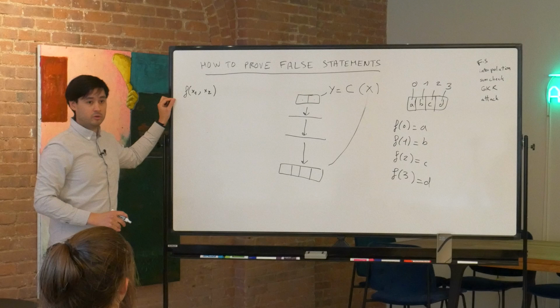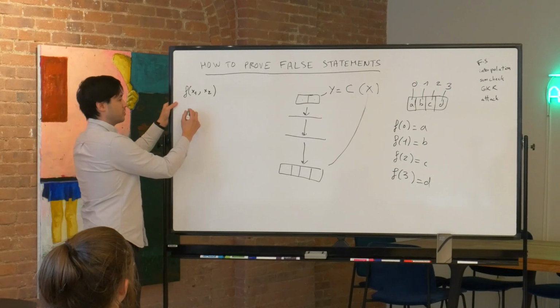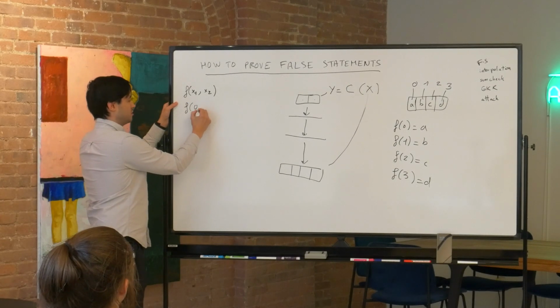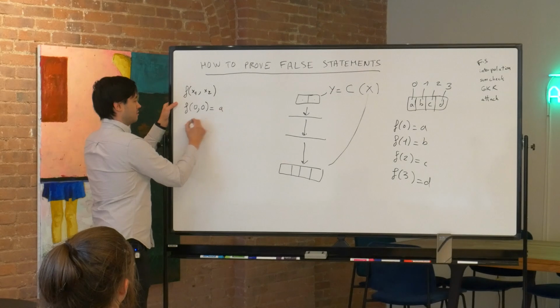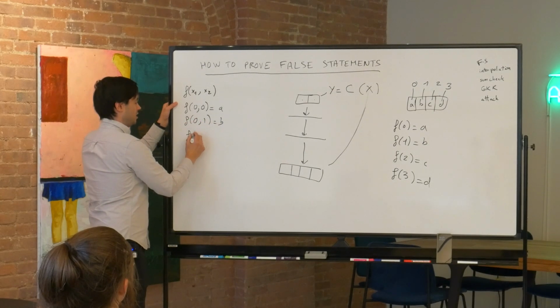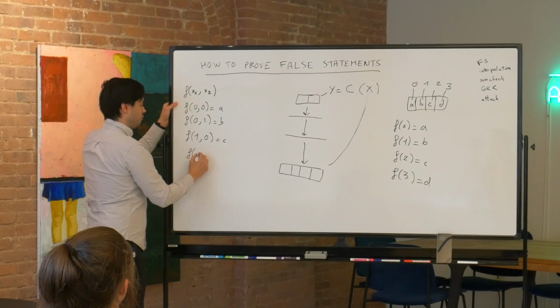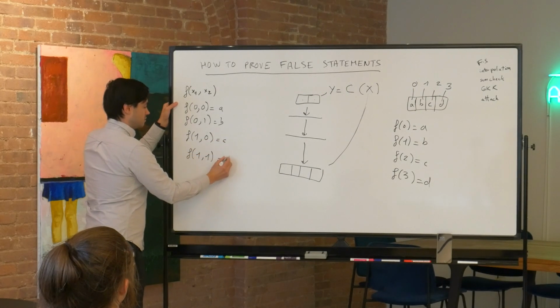So this is a multivariate polynomial, right? And we're going to say that f of 0,0 is A, f of 0,1 is B, f of 1,0 is C, and f of 1,1 is D.